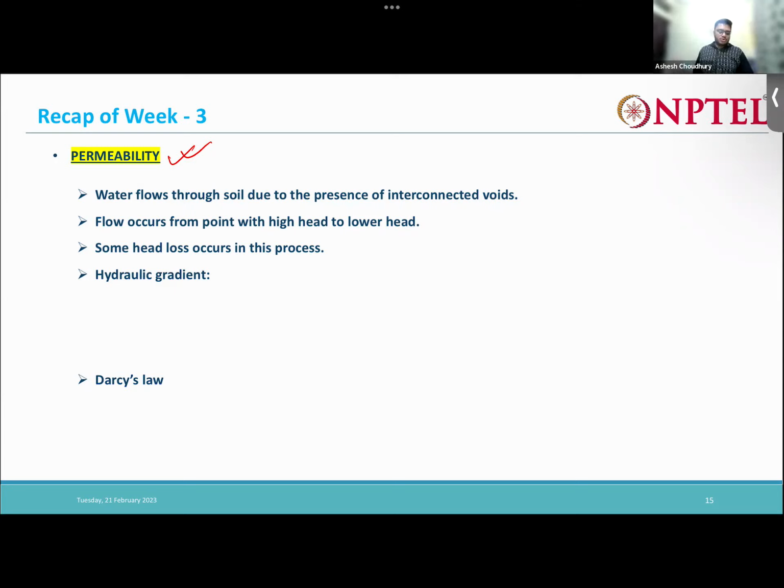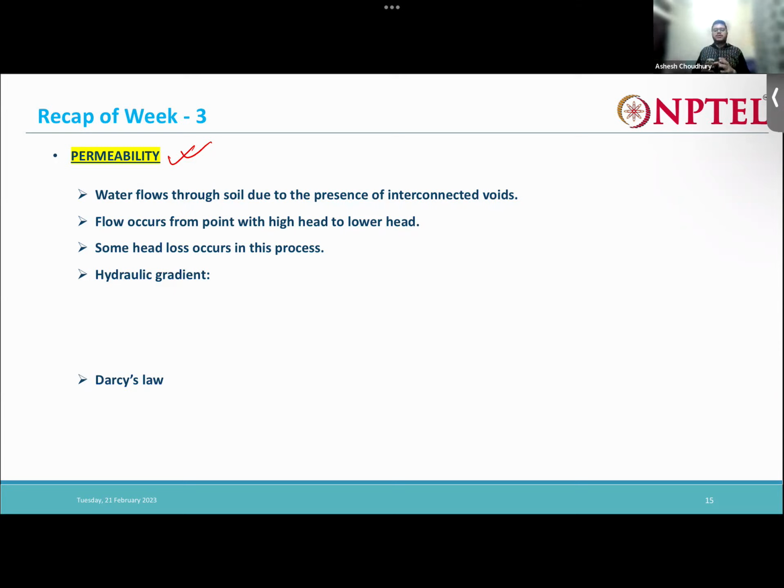So how does water flow in the soil? As you know, in the soil there are the soil grains and there are also some voids. Water travels through the voids.